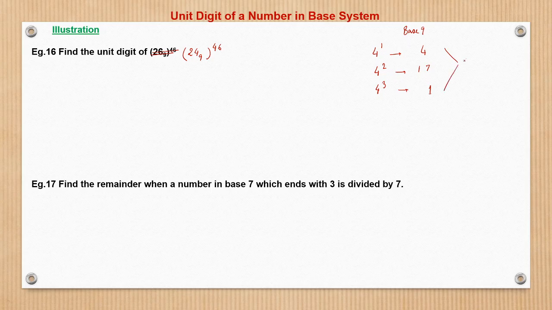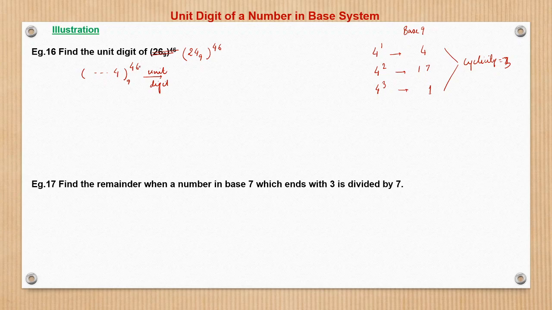So here now we know the cyclicity is 3. We have got that the powers of 4 show a cyclicity of 3 in base 9. So from here we can say, and we have to find the unit digit. The unit digit will be given by the powers of 4.